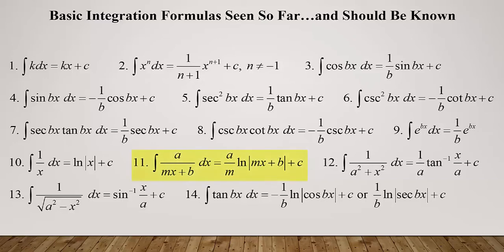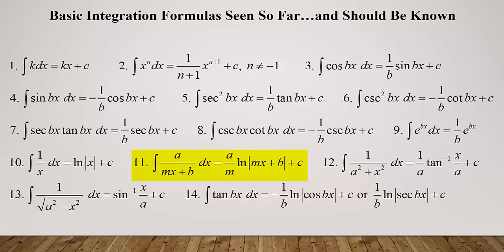Number 11, this is one that I would have discussed in Calculus 1, that when you integrate a over mx plus b, and here a, m, and b are real numbers, not zero, but they're just real numbers, the antiderivative is a over m natural log absolute value of mx plus b, plus constant c.